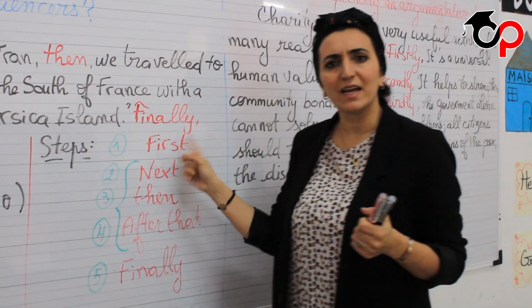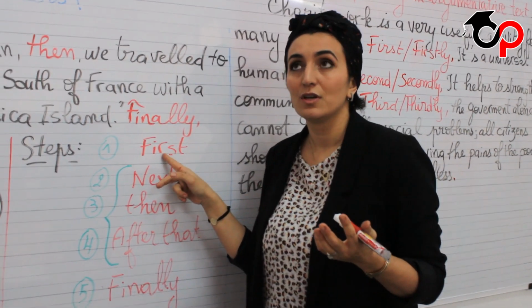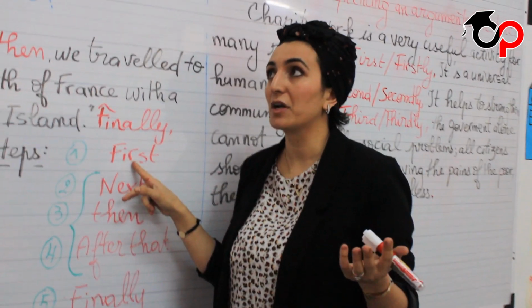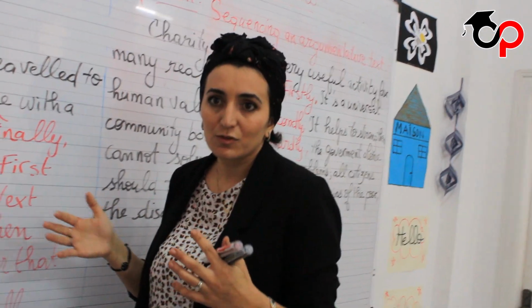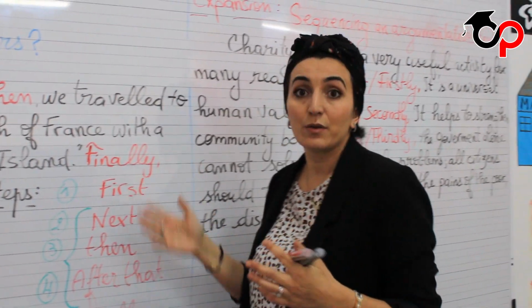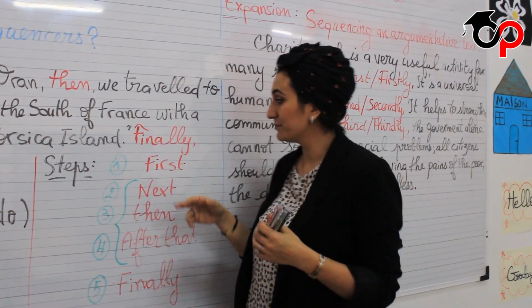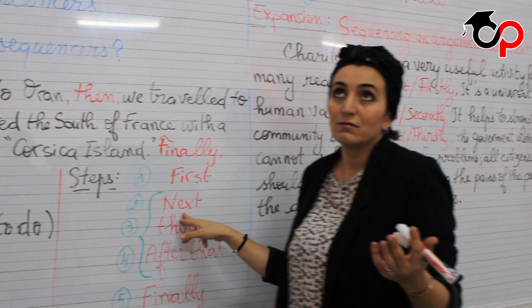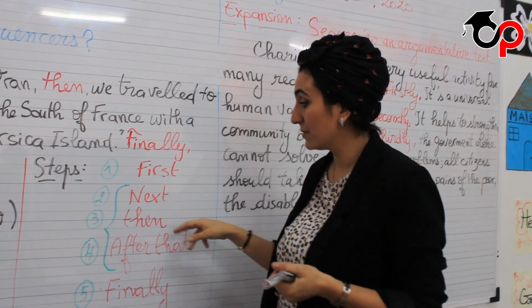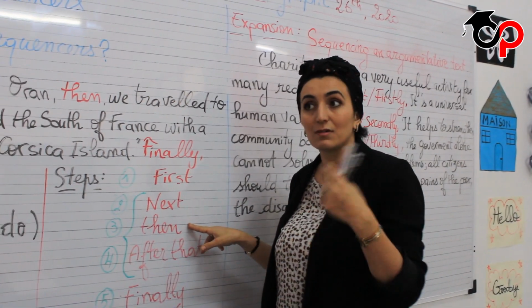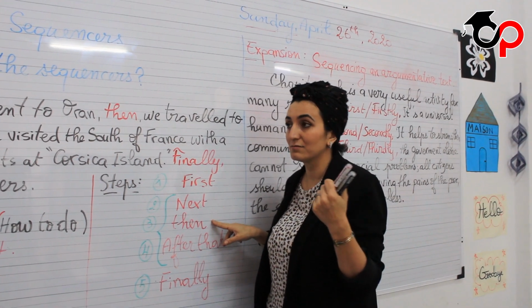So, the first thing I do in the morning. First, I wake up. At 7 o'clock. I'm talking about when I was working, okay? First, I wake up at 7 o'clock. Next, I prepare breakfast, or I eat breakfast. Then, maybe I brush my teeth.